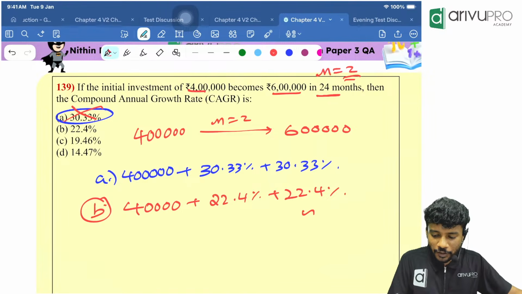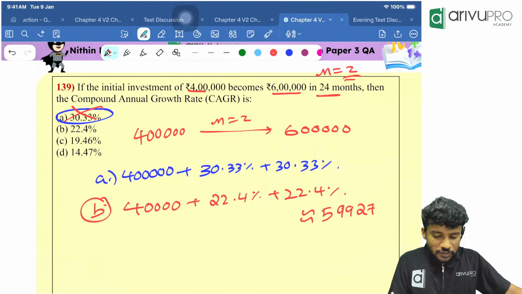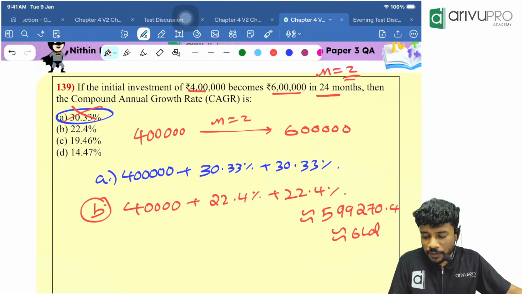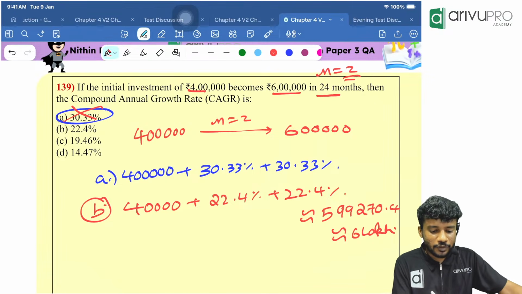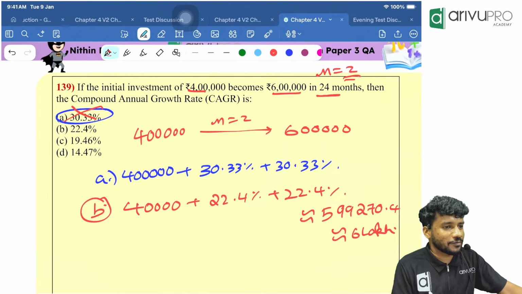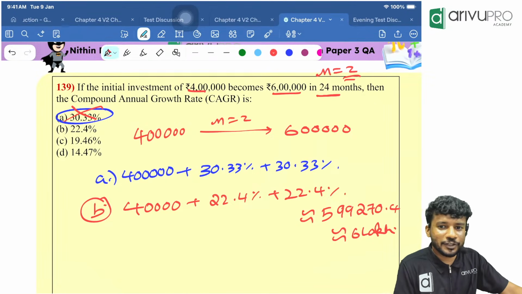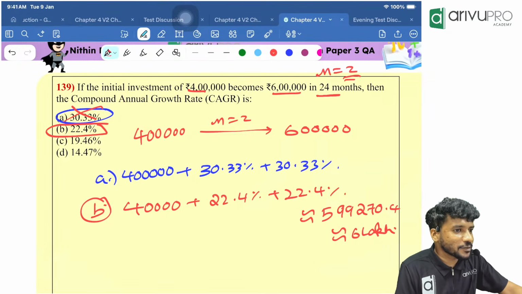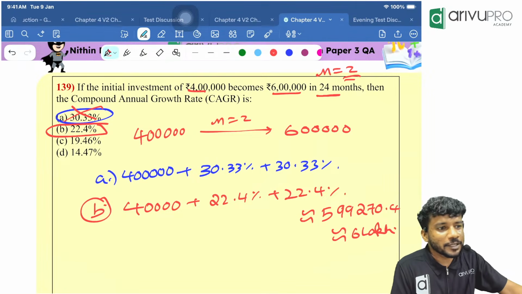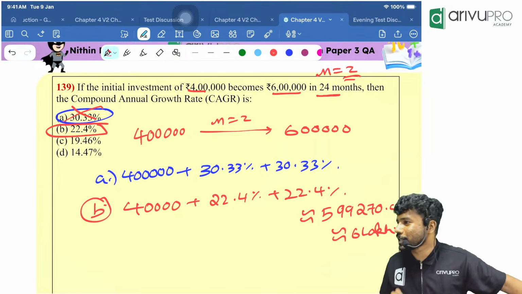You are getting approximately 5,99,270.4. It is approximately equal to 6 lakh, because all the other options give somewhere less than that. Here they approximated and gave us 22.4. It should have been 22.47. They missed that, which is why we are getting an approximate answer.